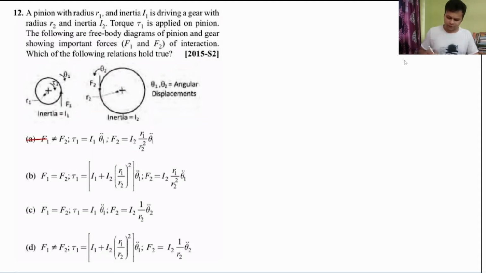So definitely we can cancel out option A and option D, which say F1 and F2 are not equal. So we have simplified the problem. Okay, so now options B and C. Even I had the tendency initially to figure it out this way. Let me consider the pinion: the torque T1 is equal to I1 alpha, alpha meaning alpha 1, right?